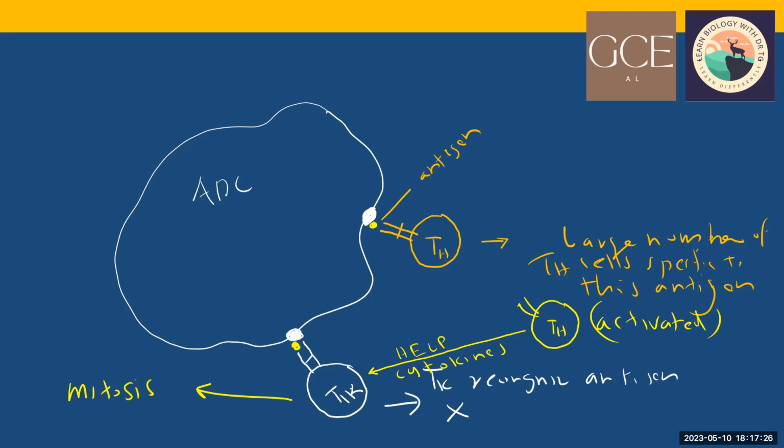The T killer cells specific for this antigen increase in number, because the body needs cells specific for the antigen at the moment.